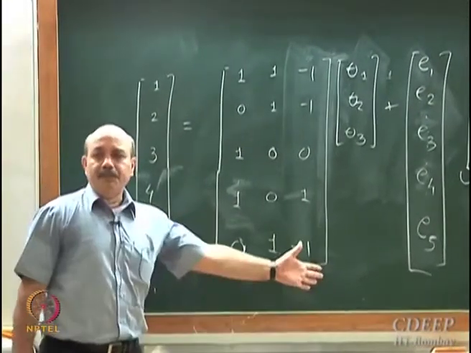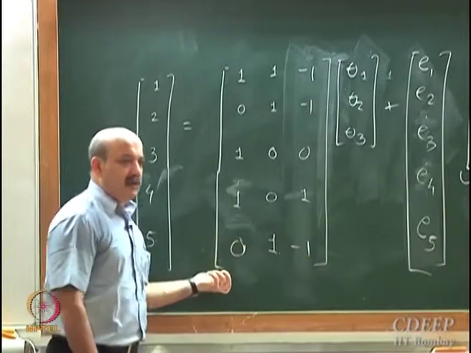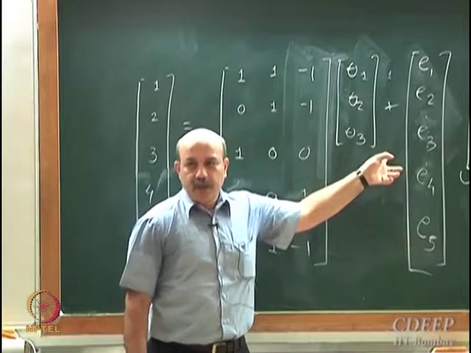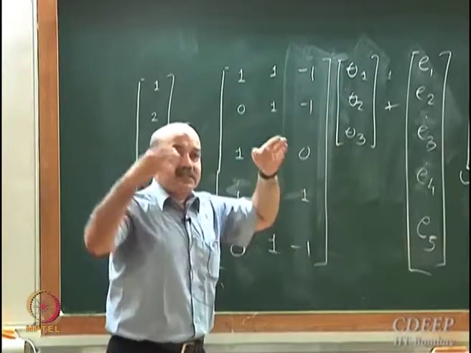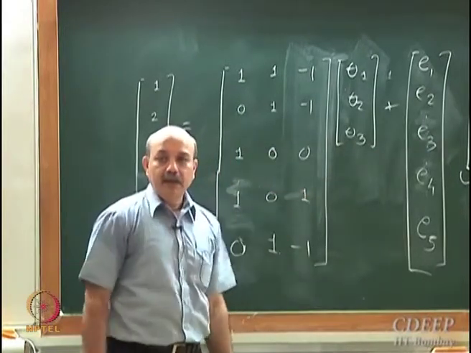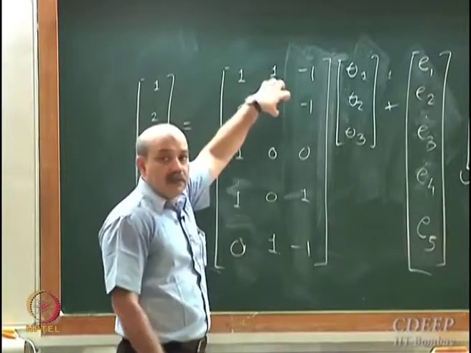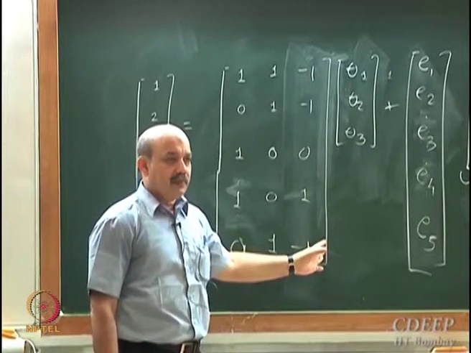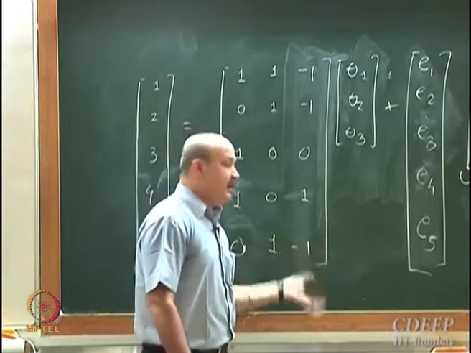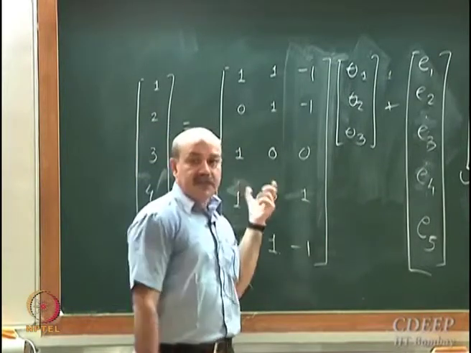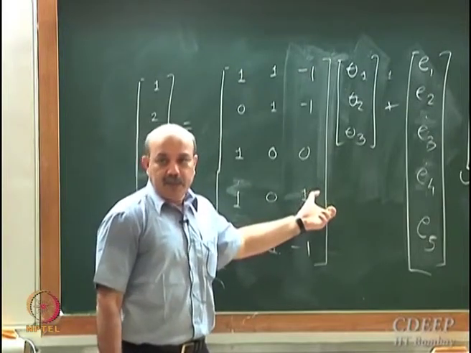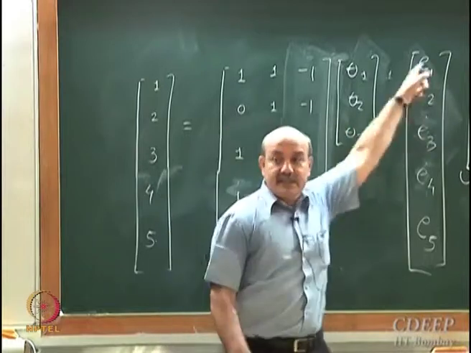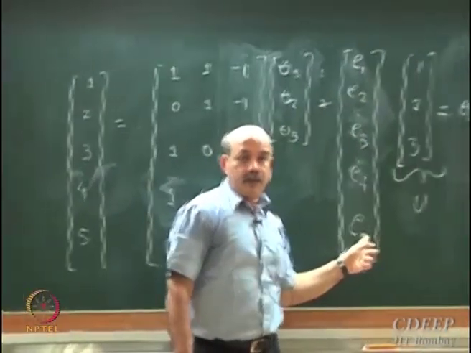Let's say I have this problem. Now here what can you say? The least square solution will lie in the subspace spanned by this column vector, this column vector, this column vector. The component which is outside the subspace is given by this error.